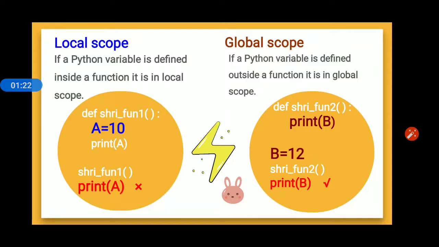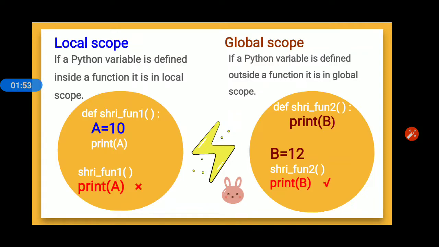The function also prints the value of a, and when we call this function Shri_fun1, this function will execute the function statements and the value of a will be printed.